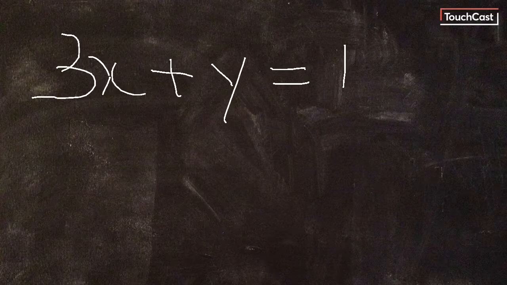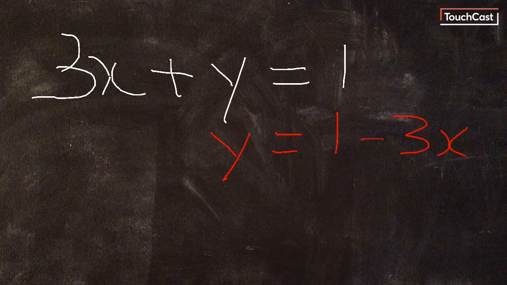In order to figure out the y-intercept, I set x equal to 0. So if I put in 0 for x, I would rewrite it as y equals 1 minus 3x, using my algebraic formatting.